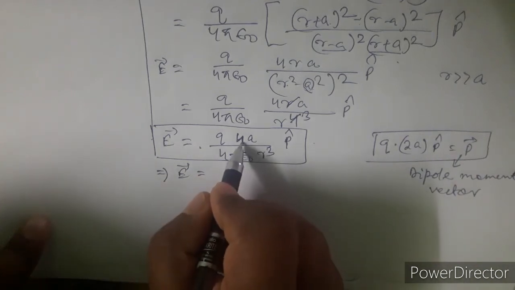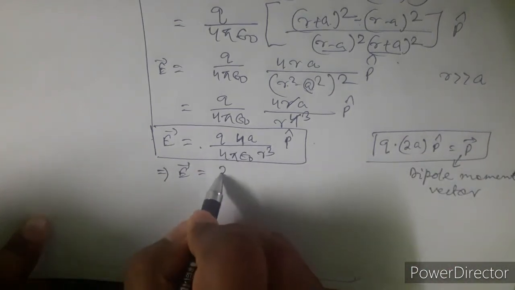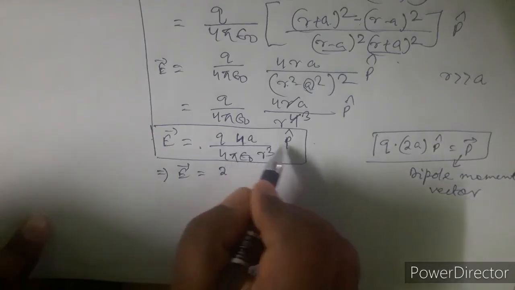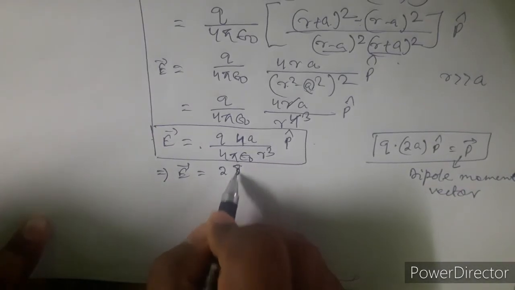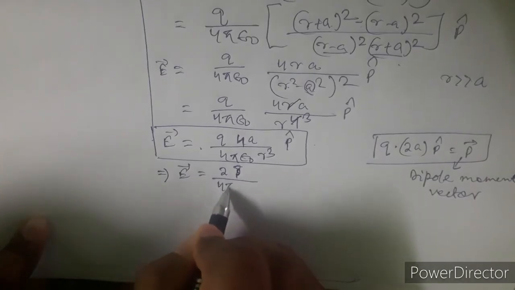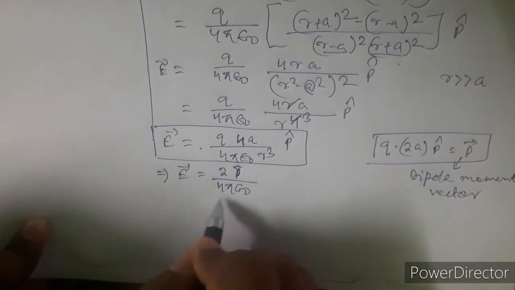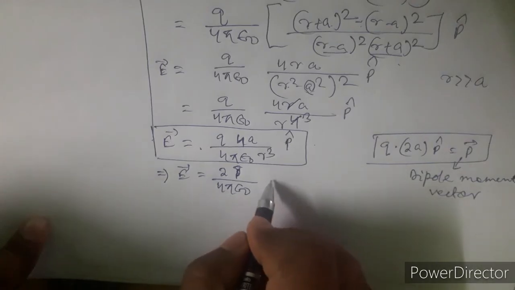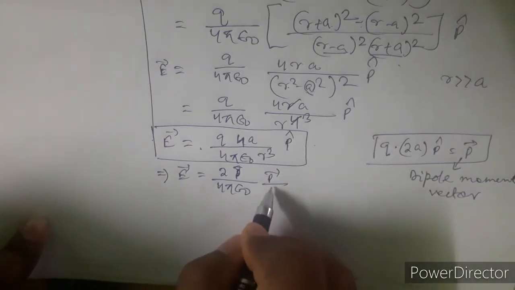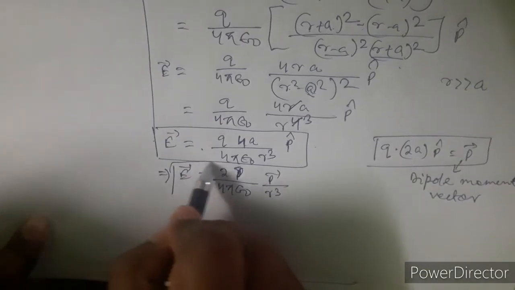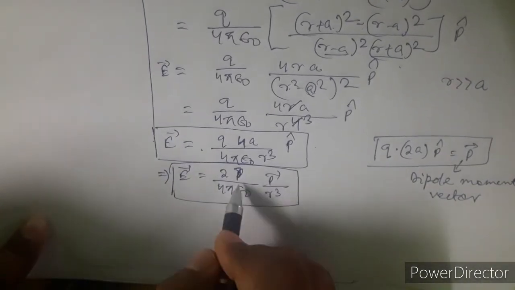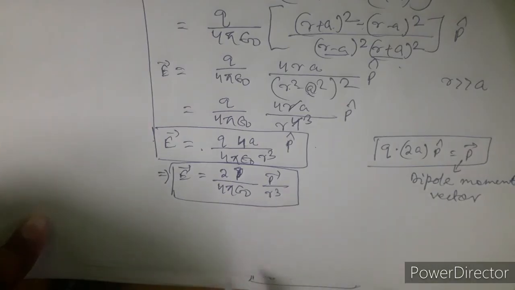So here I can write Q into 2A, so 2 Q 2A P cap will become the P vector, or let me write it in this way, 2 by 4 pi epsilon naught. I am not cancelling it because 1 by 4 pi epsilon naught has a known value, 9 into 10 to the power 9, that's why I am keeping it like that. So this is E vector equal to 2 by 4 pi epsilon naught, P by R cube.